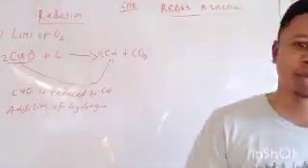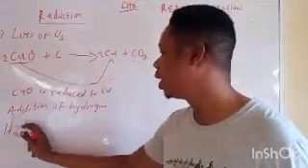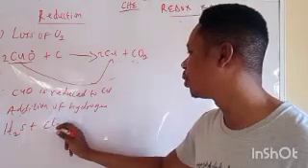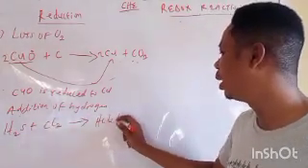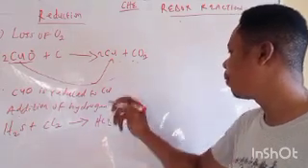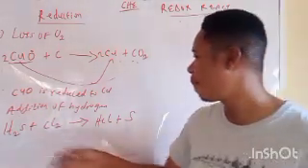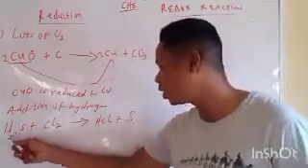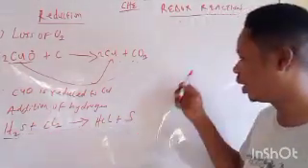I'll use the same example I used during my oxidation explanation: H2S reacting with chlorine to give you HCl. In my previous explanation, I said H2S lost hydrogen, therefore H2S is oxidized.